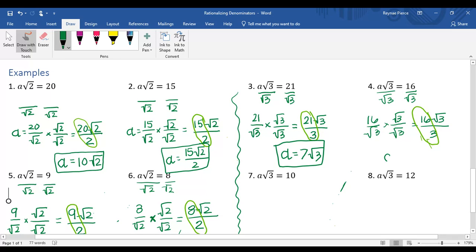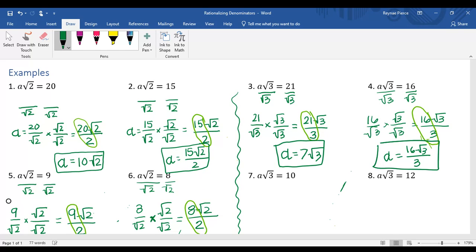And so your final answer, much like what we did on numbers 2 and 5, is going to look a little scary. But it's still the exact length of the short leg of the 30, 60, 90 triangle.